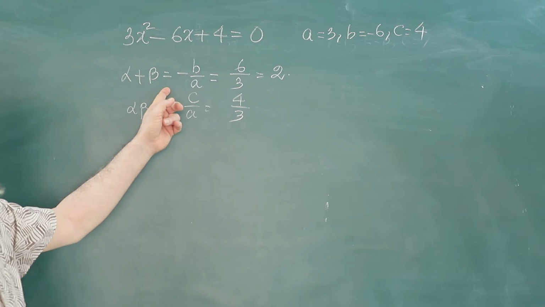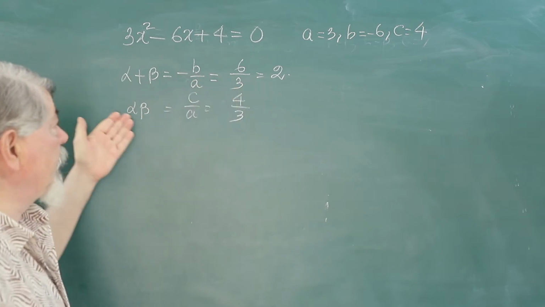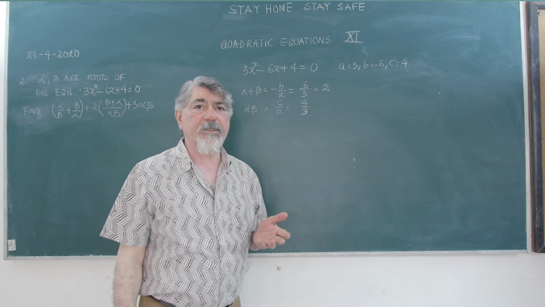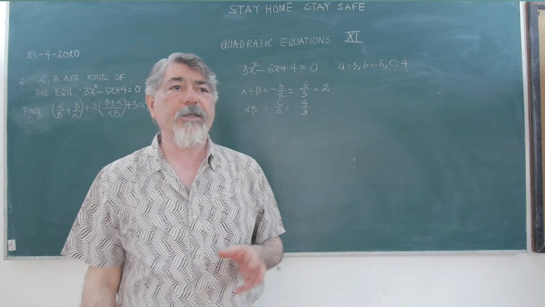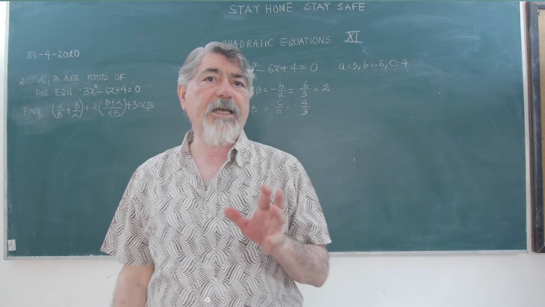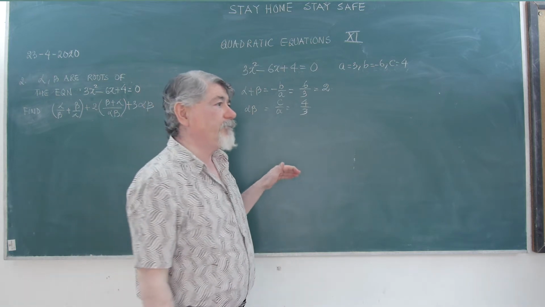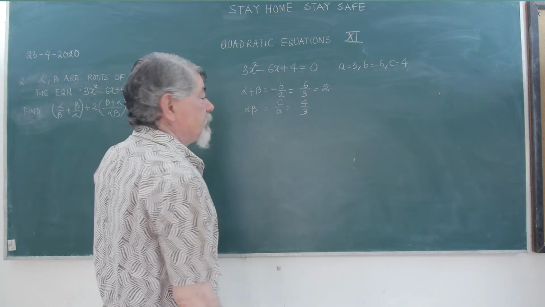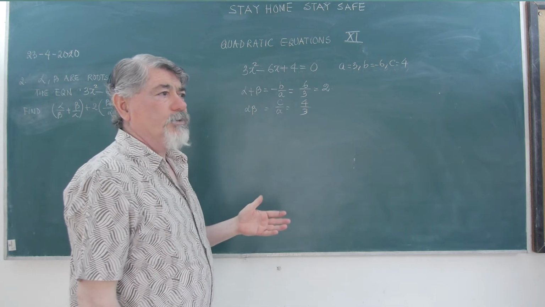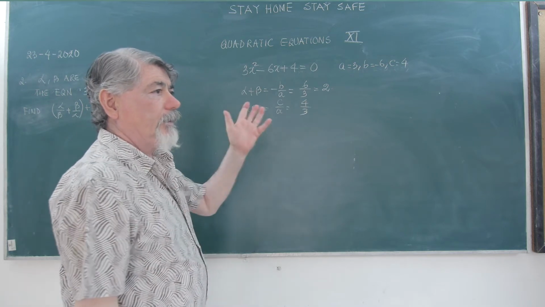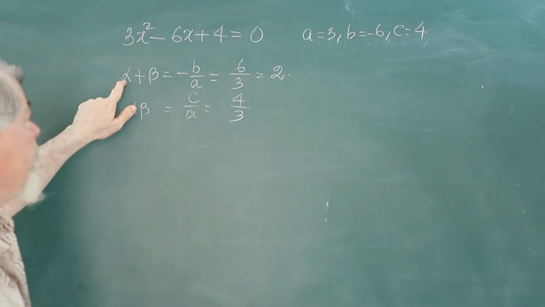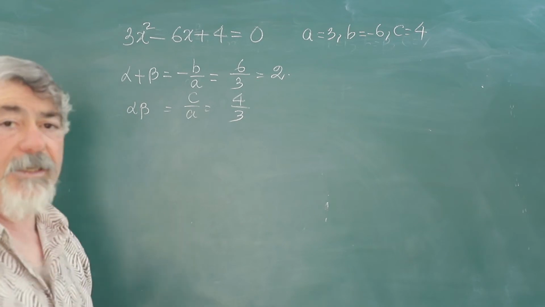So you have got alpha plus beta as 2 and alpha beta as 4 upon 3. Every time whenever the quadratic equation is given, we will find alpha plus beta, alpha beta. If you have to do something with questions like this, where he wants the values of an expression where alpha and beta are involved, then definitely we will need alpha plus beta and alpha beta.